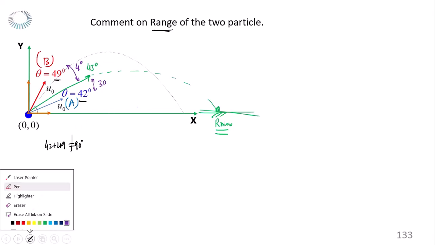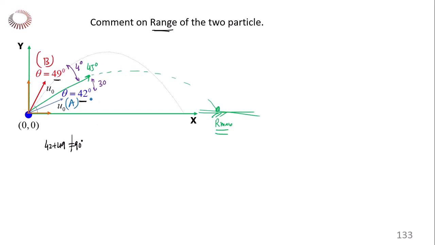That means the blue particle, having an angle difference of 3 degrees, will go closer to this R max. A will land over there. Similarly, the red particle has a difference of 4 degrees, so it will land somewhat farther from it.